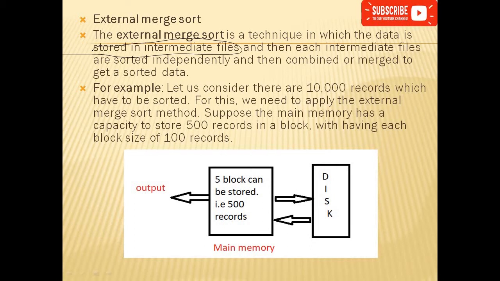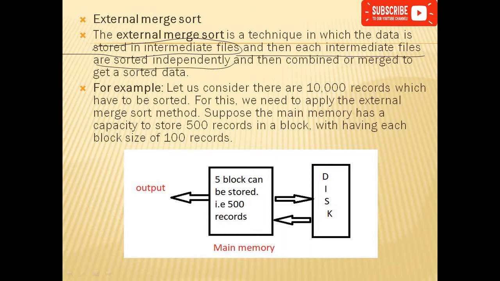Assume I have a file with 1 GB of data, then we'll create some intermediate files. The process is we'll divide the file into parts, and these parts of data will be stored in intermediate files, and then each intermediate file is sorted independently.